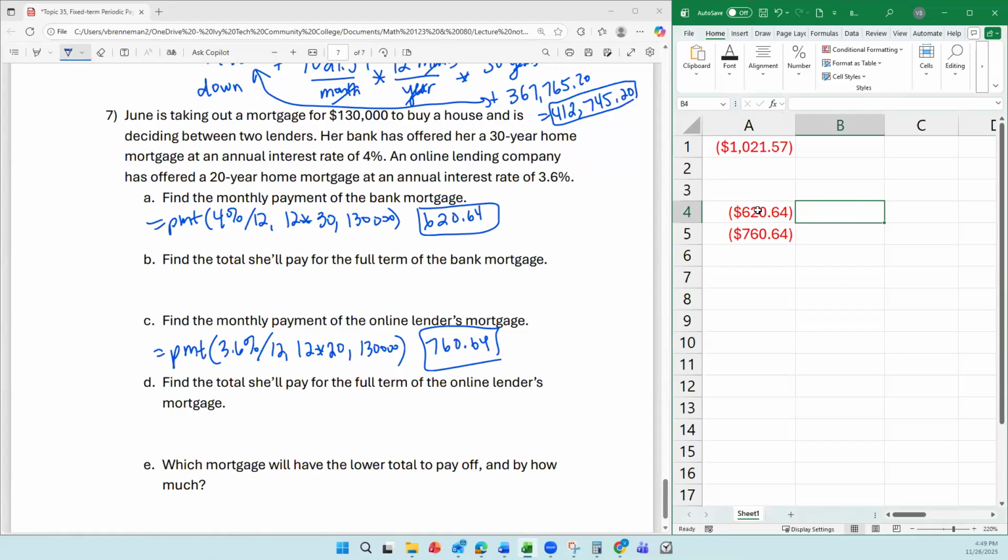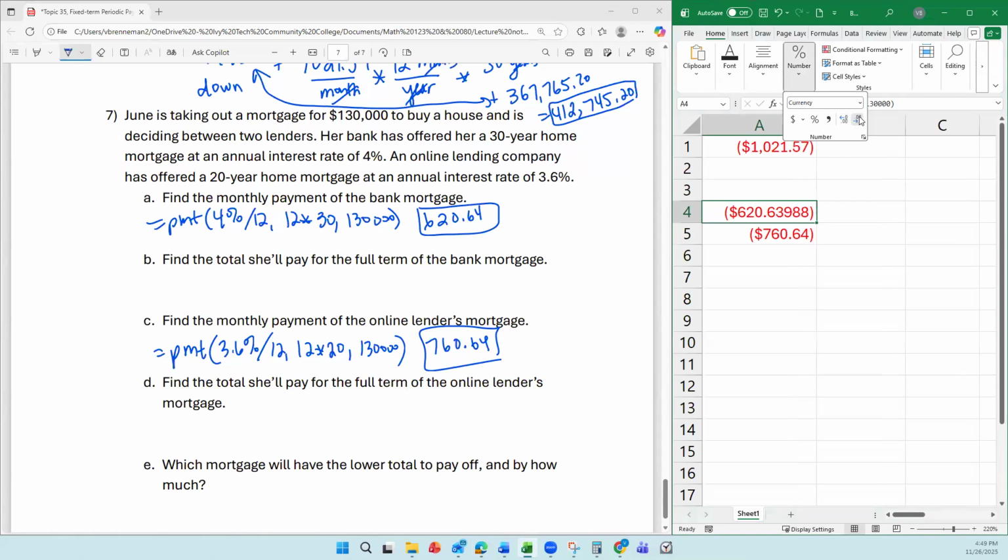Oh, yeah, this payment is rounded for display, but it's still keeping more digits, right? So if I multiply with that result by a pretty large amount, it's going to get off a little bit.